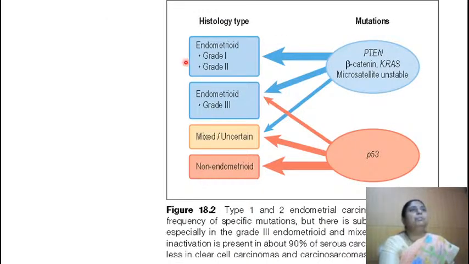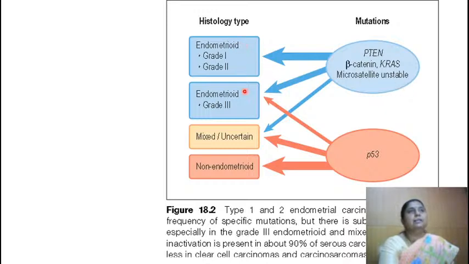Right? So endometrioid carcinoma grade 1 and grade 2, endometrioid grade 3, mixed uncertain type, and non-endometrioid. Non-endometrioid is the type 2 carcinoma. This is type 1 carcinoma. So in type 1 carcinomas, we have beta catenin mutation, KRAS mutations, and microsatellite instability.